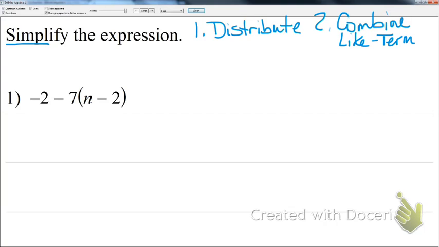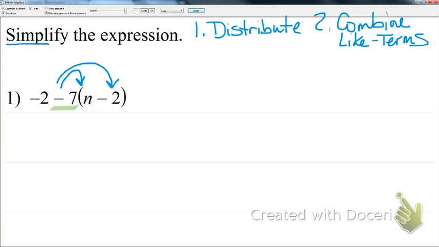This term may be to the left or to the right of the parentheses, but in all these practice problems, I believe they're all to the left. So when we say just the term directly beside it, that's this -7 here, not the -2. The -2 is a term by itself, but it's not sitting side by side to the parentheses. We're not going to do anything with that -2 right now.